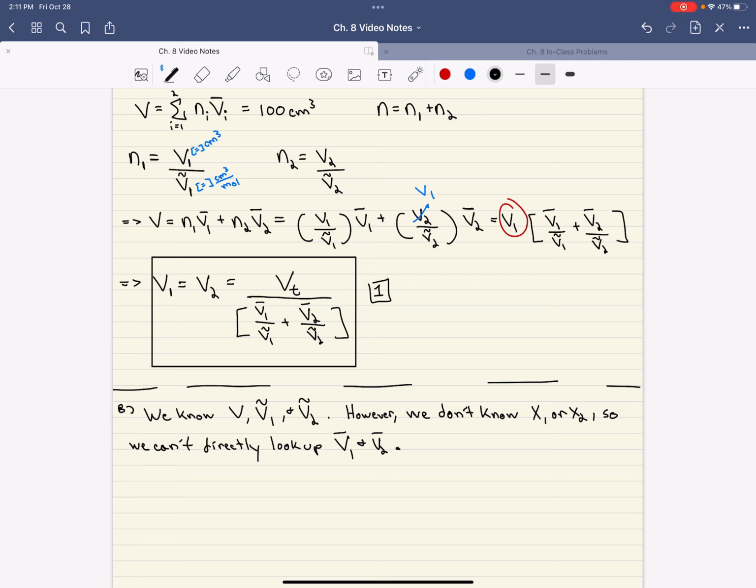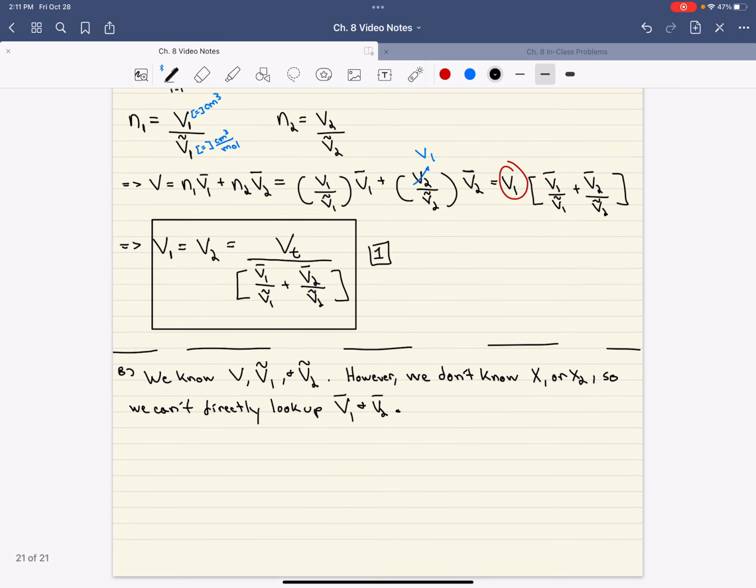All right? And so to overcome this issue, we're going to apply a different kind of strategy, one that you may have seen in your computations class. And it's a strategy that we're going to use quite a bit in the last third of the course, when we start doing flash calculations and studying more in depth vapor-liquid equilibrium. All right?